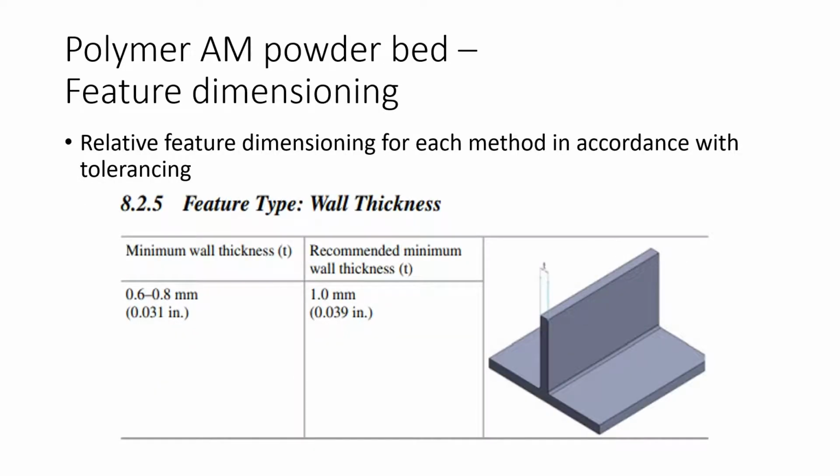When considering additive manufacturing and specific methods, you often want to look at specific design features and how the method affects them. This way you can incorporate the design requirements so that your part will turn out correctly with a given method. Here's an example of the feature for wall thickness with the powder bed additive manufacturing for polymers.